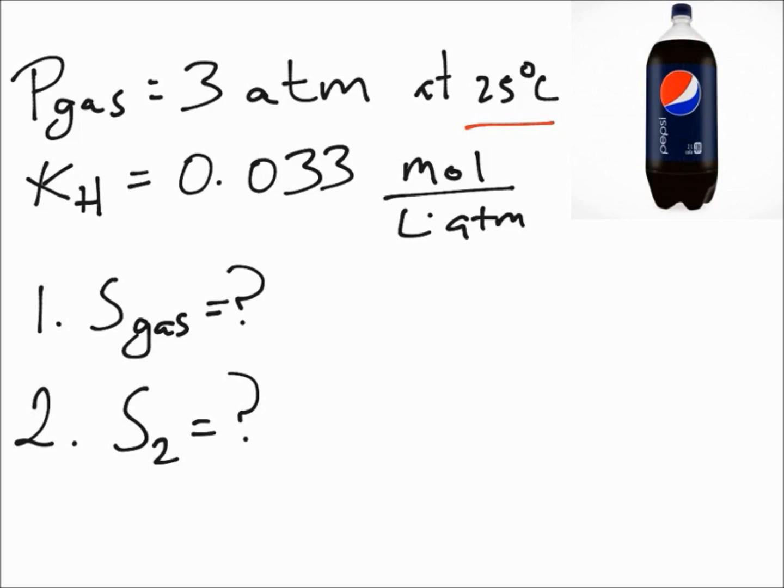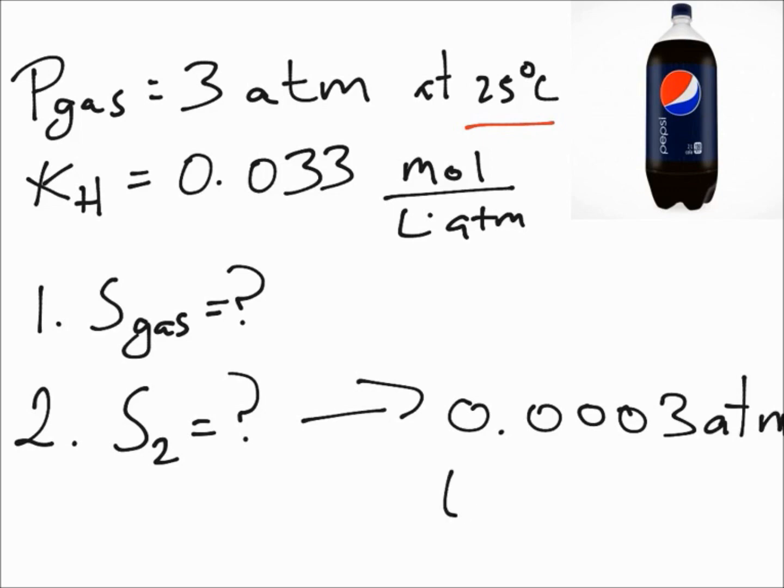And the second question is, what is the solubility of the dissolved CO2 when the bottle is opened, if the partial pressure of the CO2 in dry air is 0.0003 atmosphere? So this is our CO2 in dry air, or we could just name it P2.